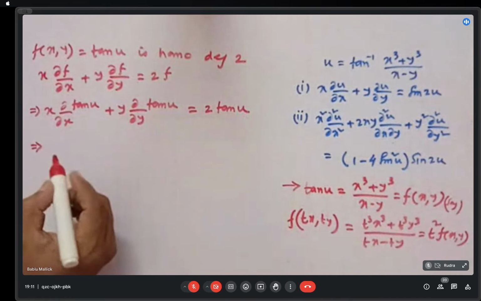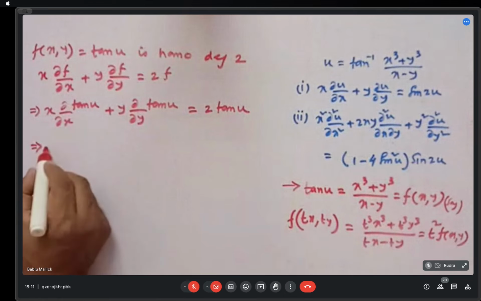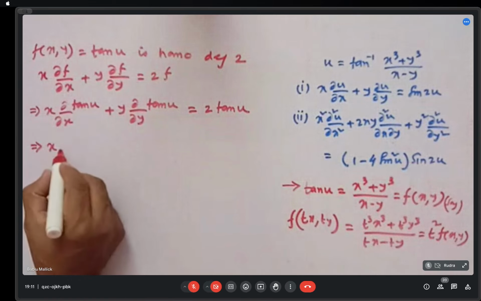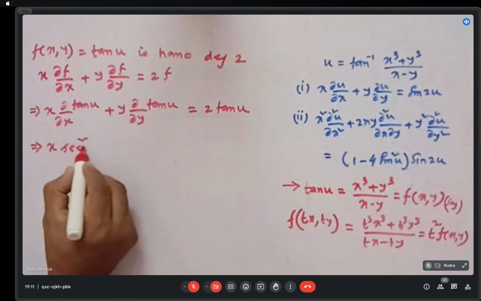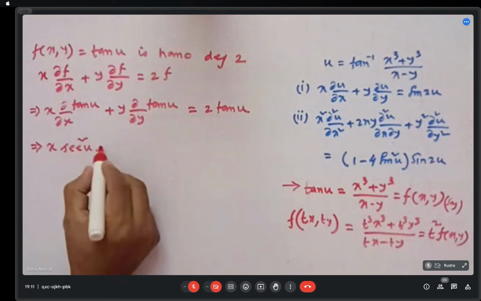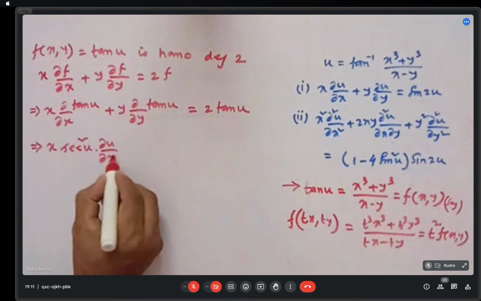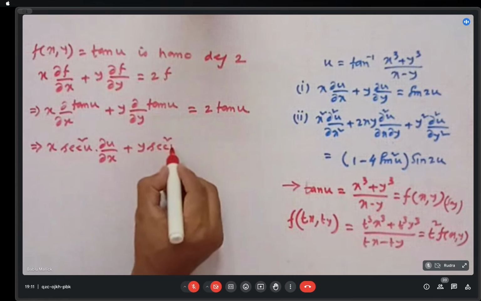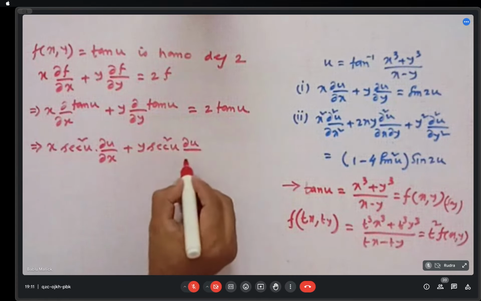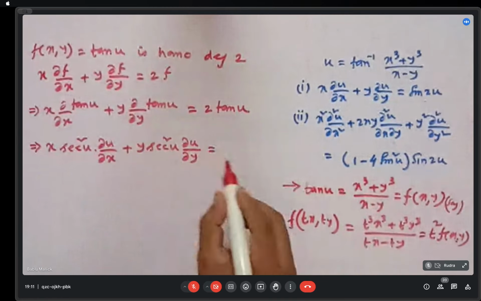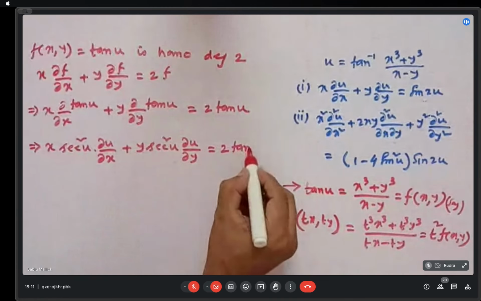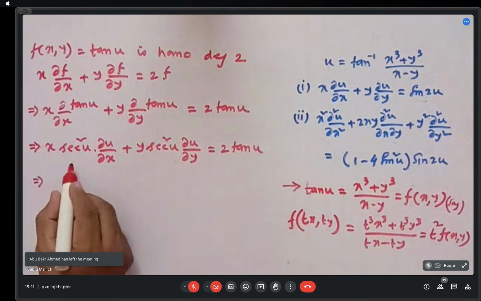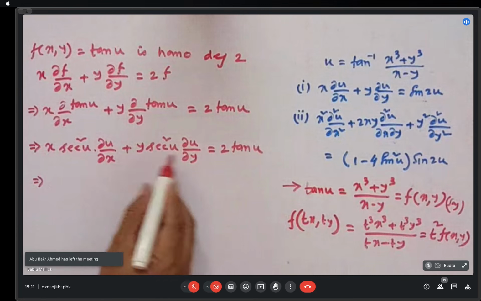So this implies x into the derivative of tan u, which is sec square u into del u del x, plus y into sec square u into del u del y is equal to 2 tan u. Take sec square u common and divide.